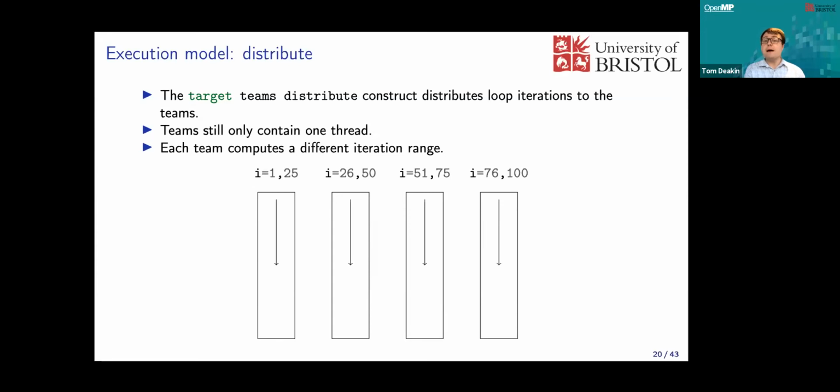So you can see that I've annotated each of the teams, the rectangles, with a range, i equals low to high. Again, each team still only contains one thread, but each team is now going to be computing a different part of this iteration range. So we're now starting to build up the parallelism for our do loop. We're now not doing redundant work, we're sharing the work out between the different teams.